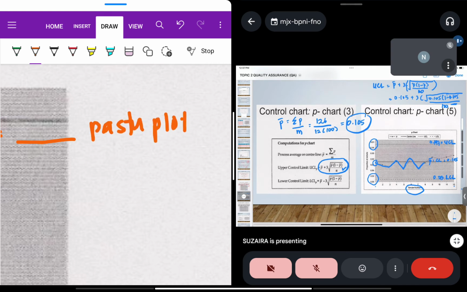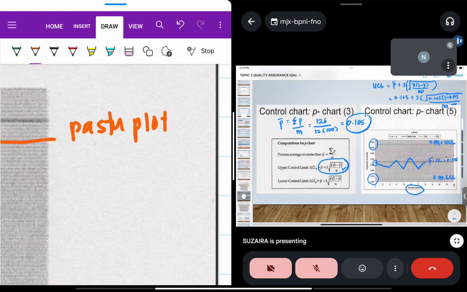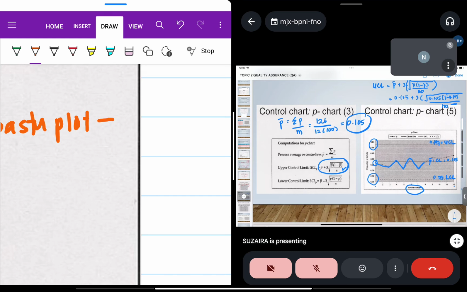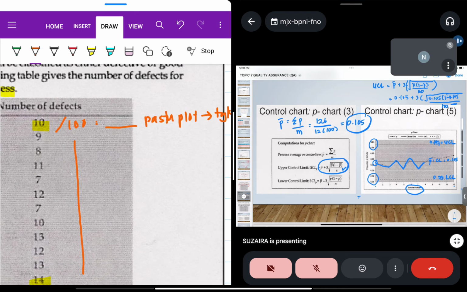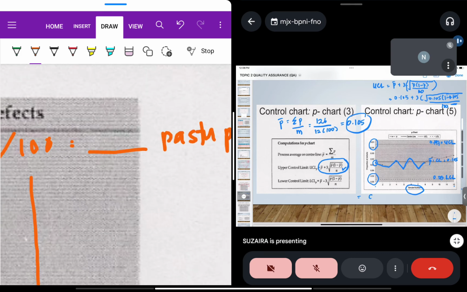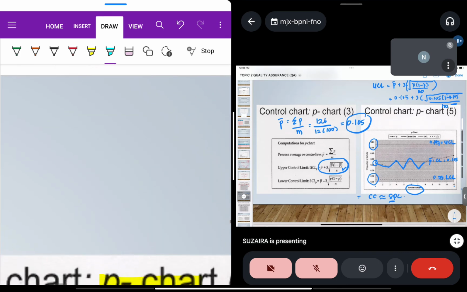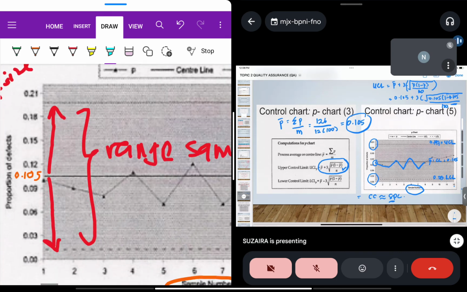So the control charts, the R chart, X chart, P and C chart, are all more towards knowing the trend. Control chart is similar to the SPC, but the SPC is more towards statistical process control.